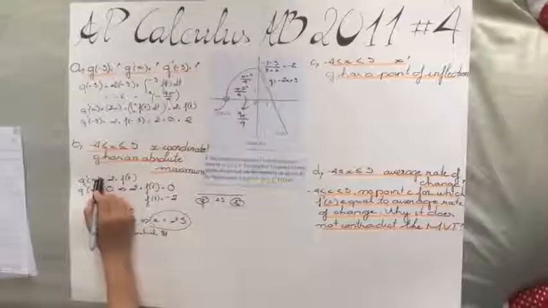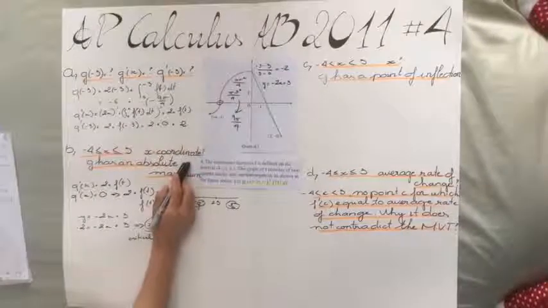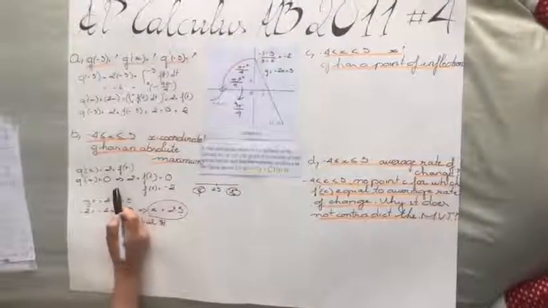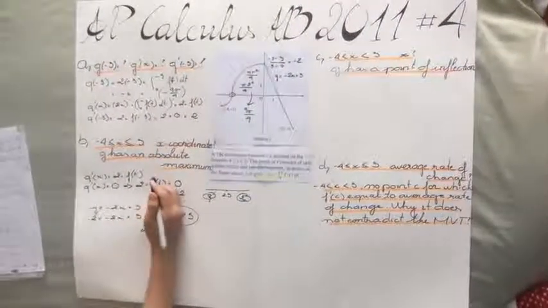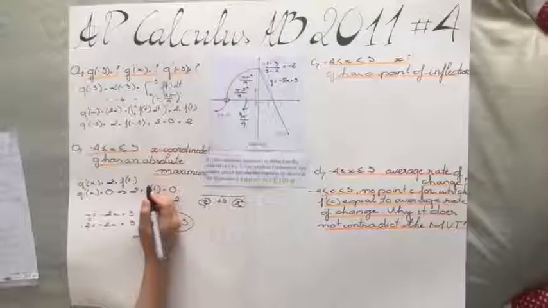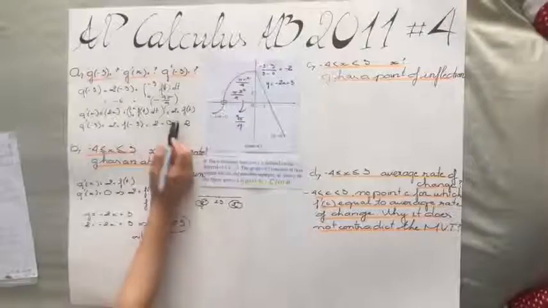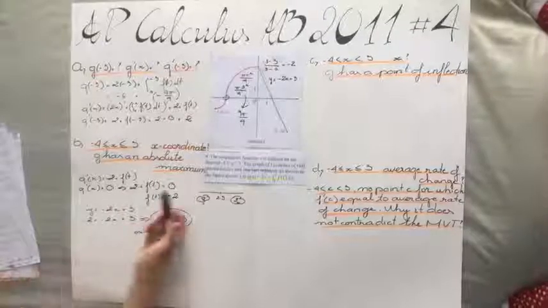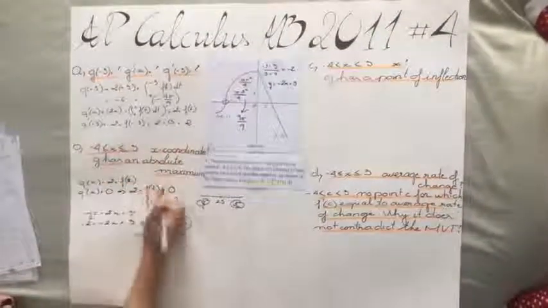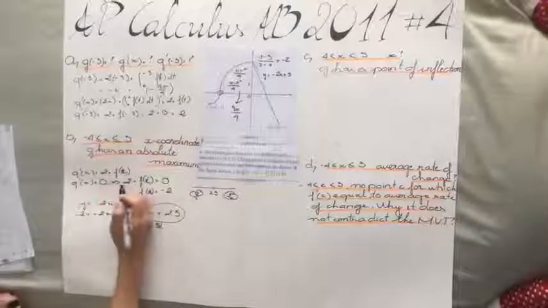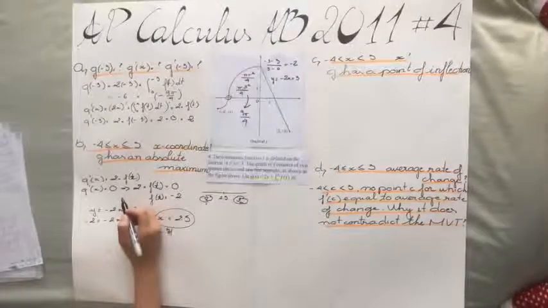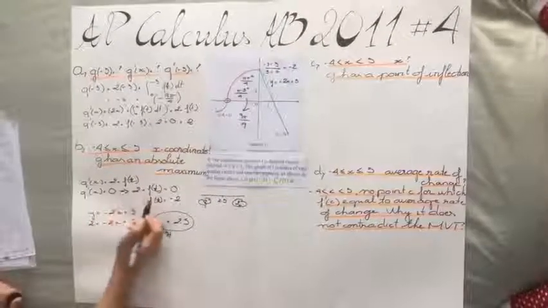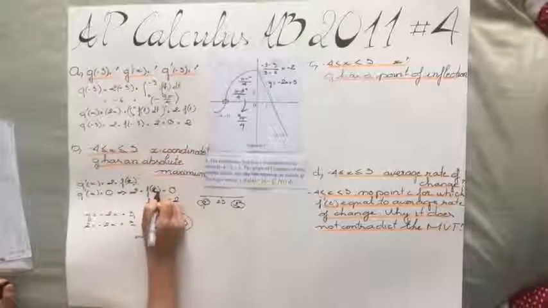In part B we want to find the x coordinate of the point at which g has an absolute maximum on the interval. When you want to find an absolute maximum, you just need to find the derivative and the critical numbers. In the last part, we have g prime of x is equal to 2 plus f of x. To find a critical number, we set g prime of x equal to 0, which is 2 plus f of x equals 0.